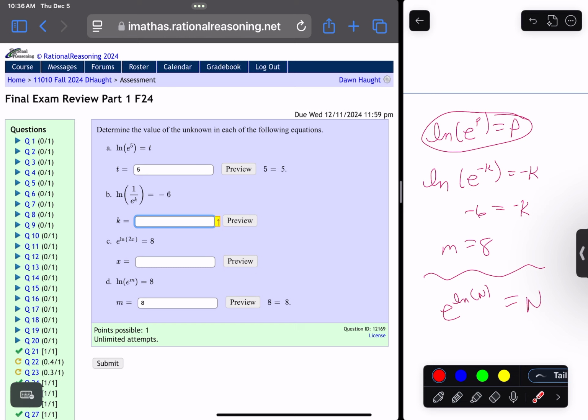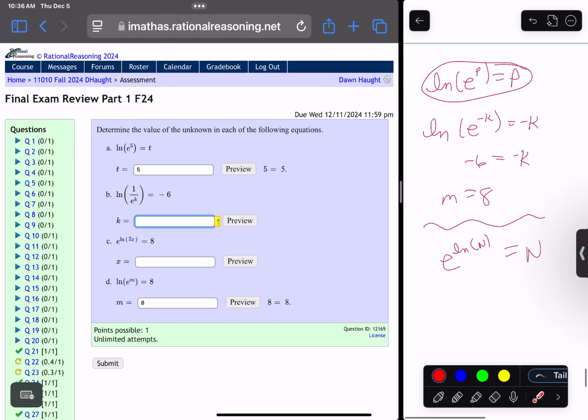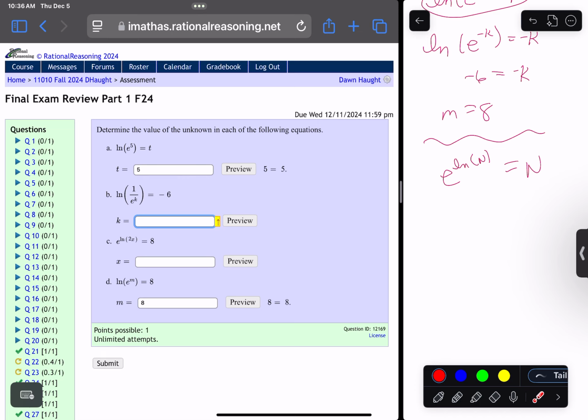Anyway, so for that one, my e to the ln of 2x equals 8. That's just 2x has to equal 8, so x is equal to 4.